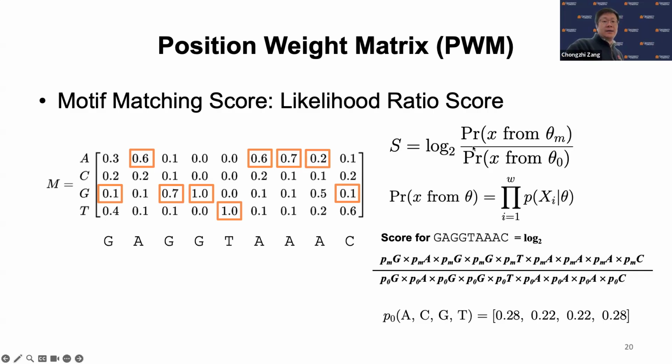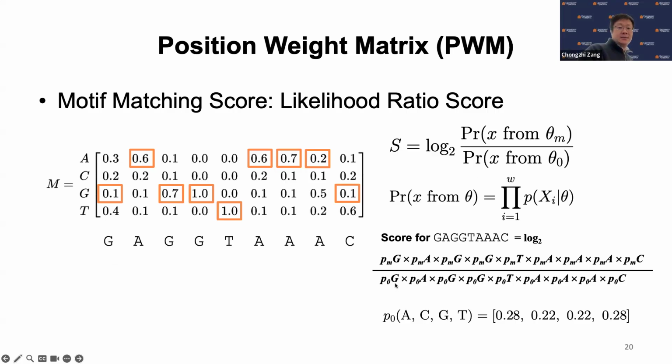Then, to calculate the probability of a given sequence from the background, for example, if we have this original position weight matrix right here and we want to calculate the motif matching score of a given sequence, GAGGTAAAC, I'll say the denominator first, because it's easier.